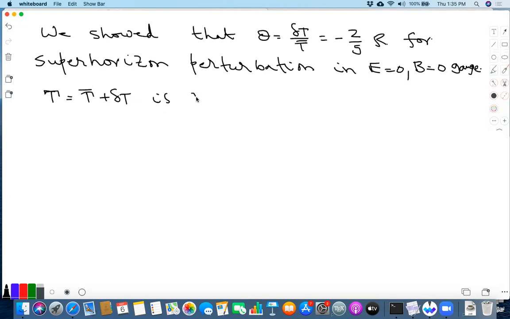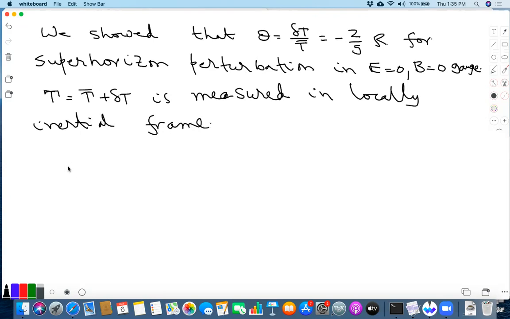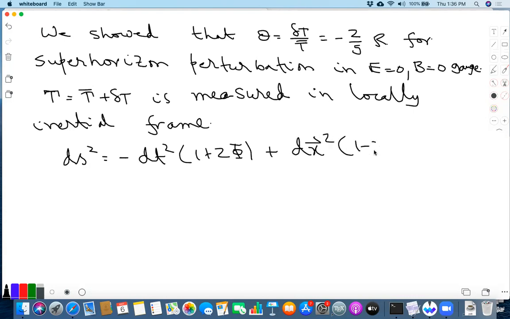So this is measured in the local inertial frame. Let's just remind ourselves what it was. If we take a metric, then at a space-time point (x, t), we choose an inertial frame.